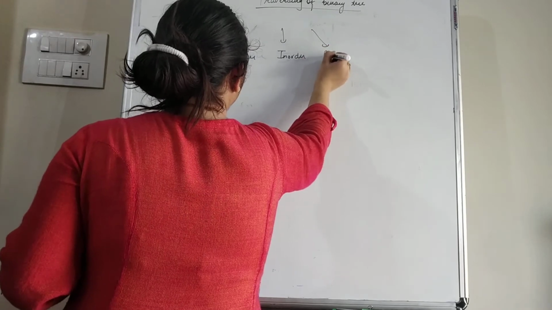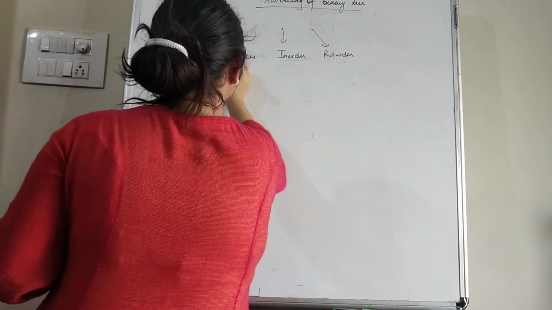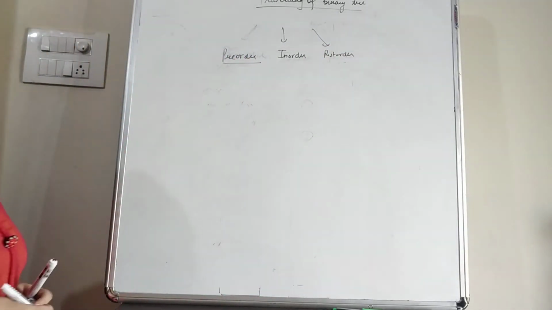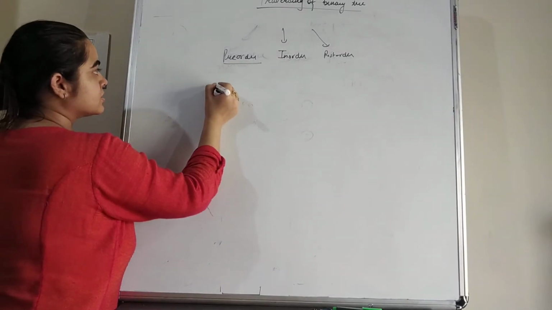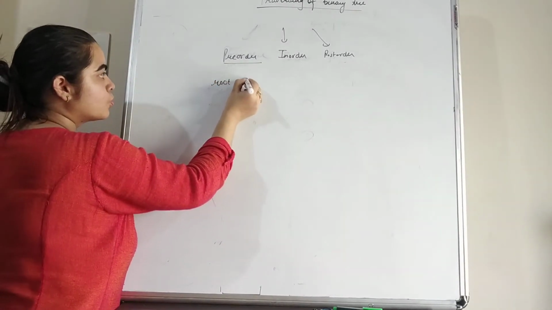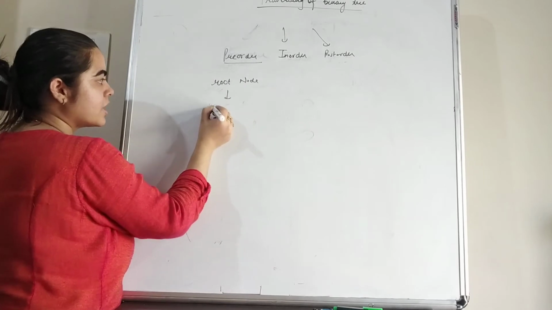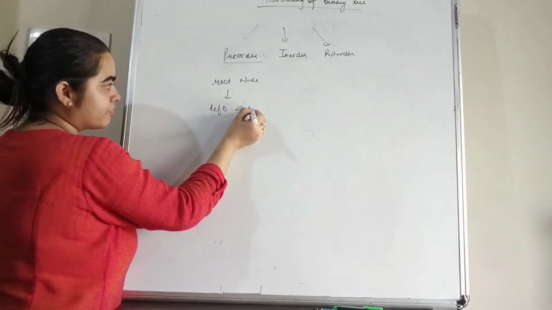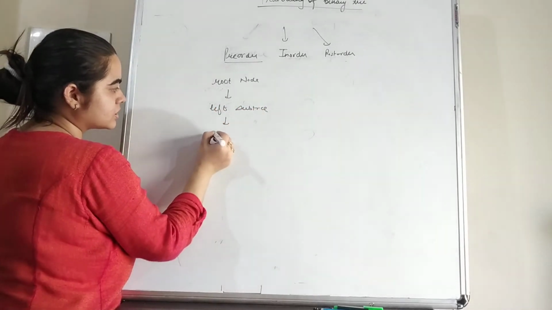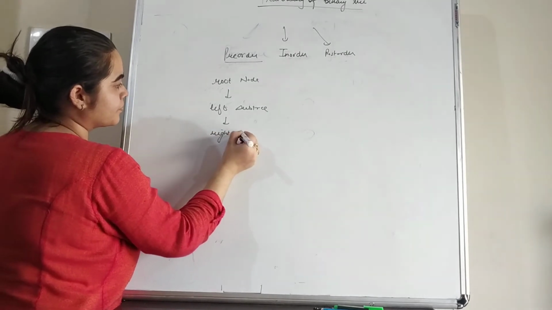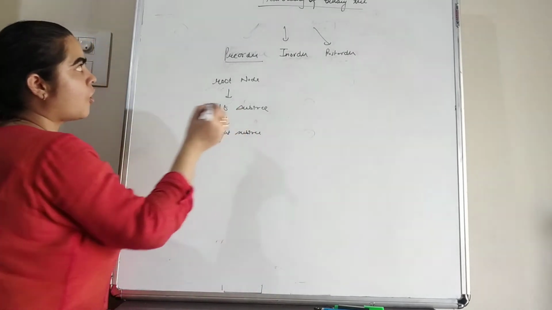So students, in case of pre-order traversal, initially we traverse the root node, and after the root node we traverse the left subtree, and after the left subtree we traverse the right subtree. Next is in-order traversal.